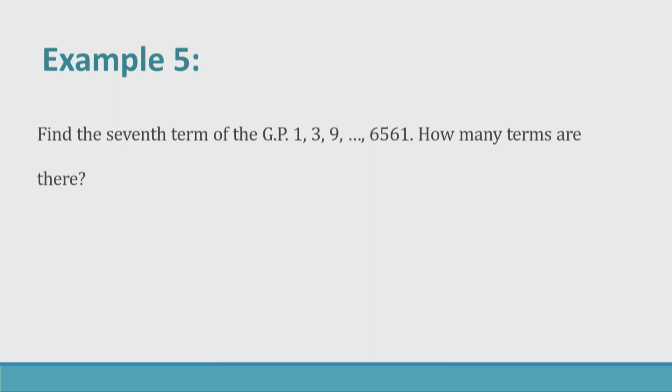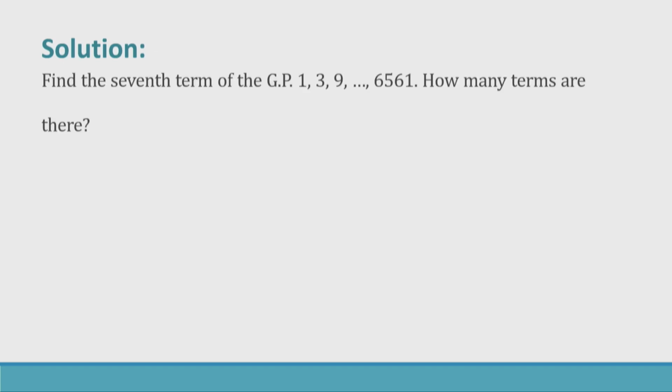Example 5. Find the seventh term of the GP 1, 3, 9, up to 6,561. How many terms are there? So let us have a look at the solution. Here is our formula. So in this GP, the first term is 1.